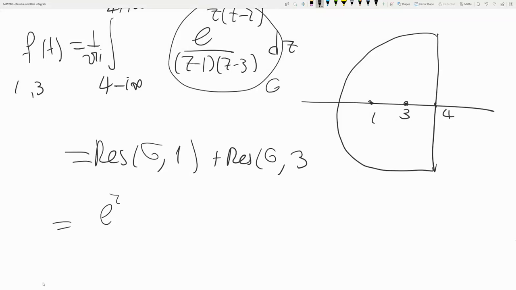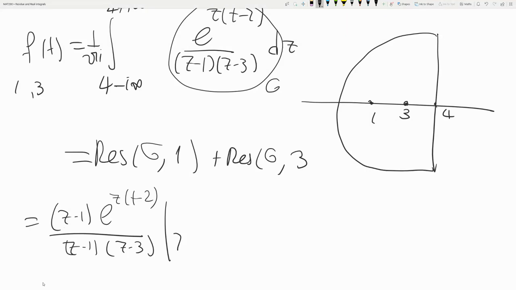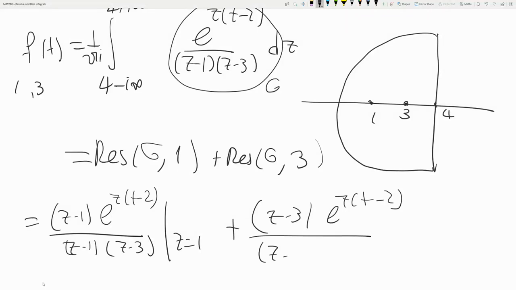We have e to the z(t minus 2) over (z minus 1)(z minus 3), and I'm just computing the residues. These guys cancel out.